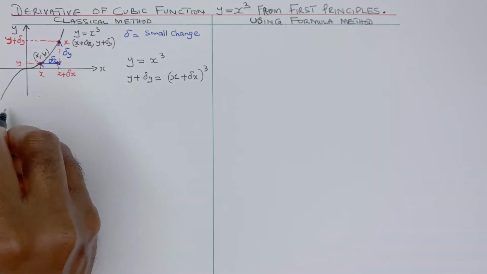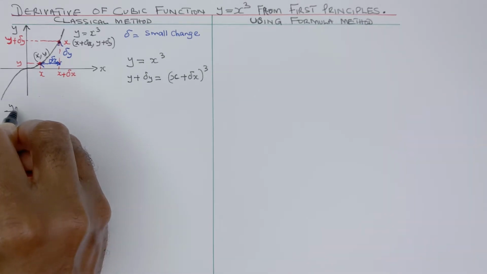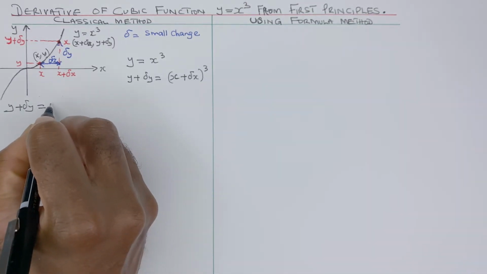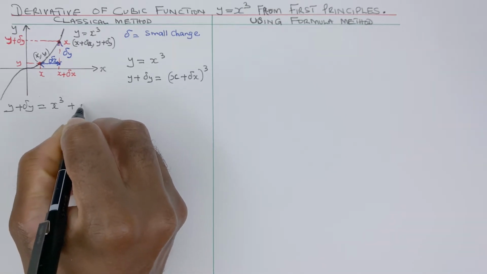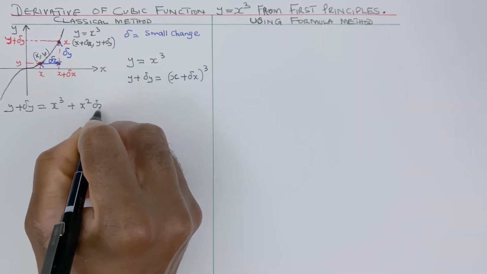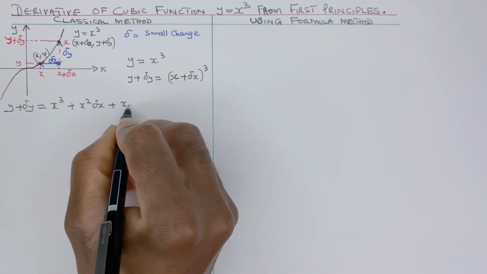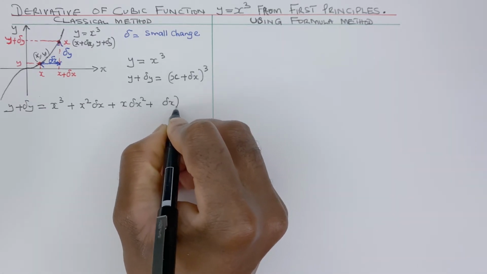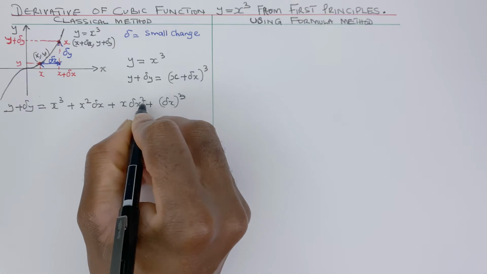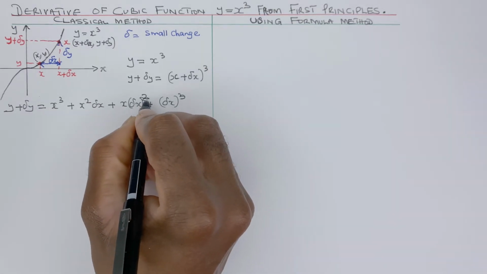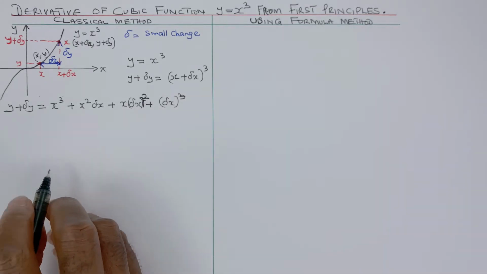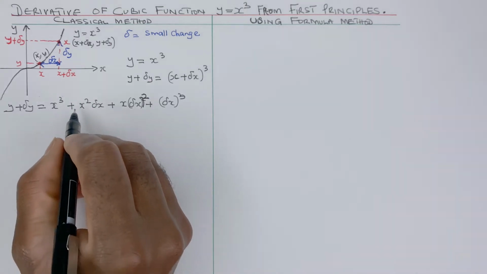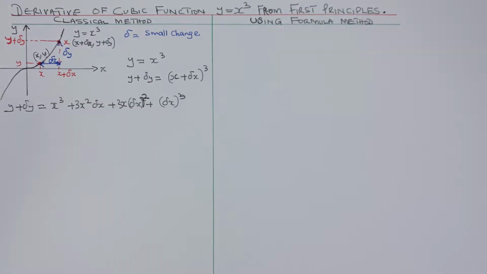So the expansion there will be, if we say y plus delta y equals, I'm going to expand that now. So that will be x cubed plus x squared delta x plus x delta x squared plus delta x cubed. And then I'll put the Pascal triangle coefficients, 1, 3, 3, 1.